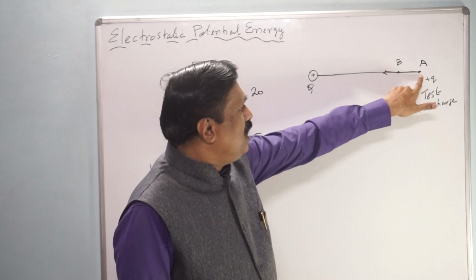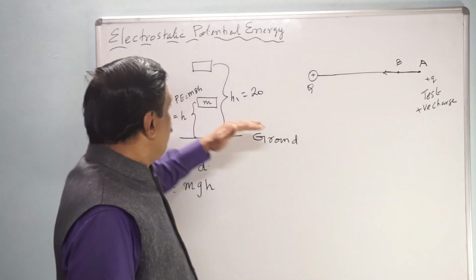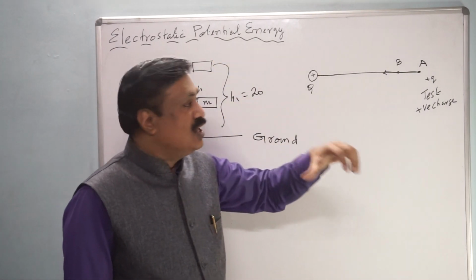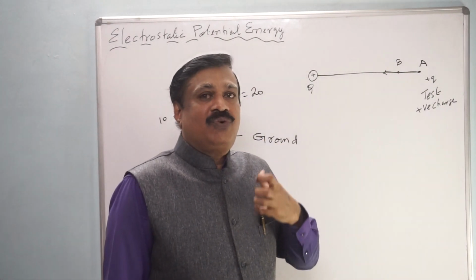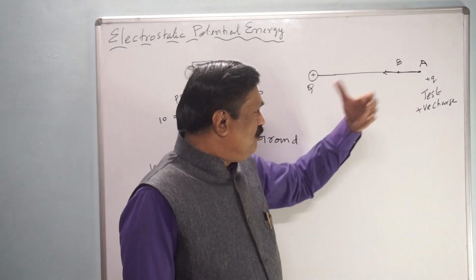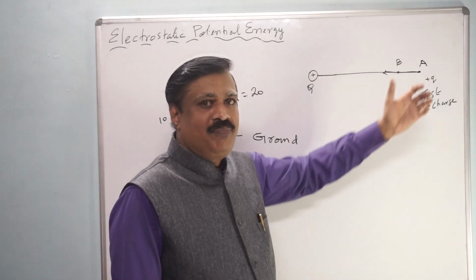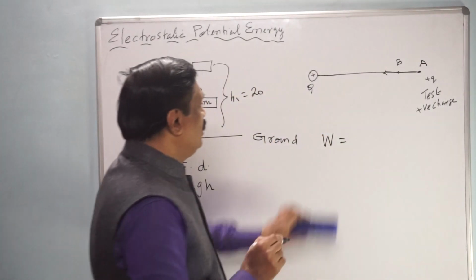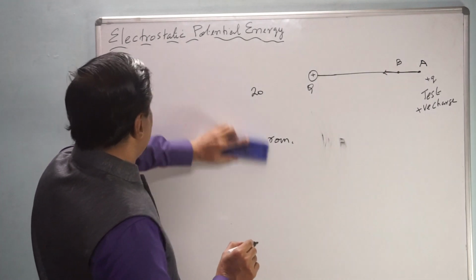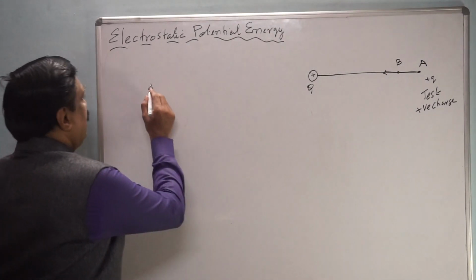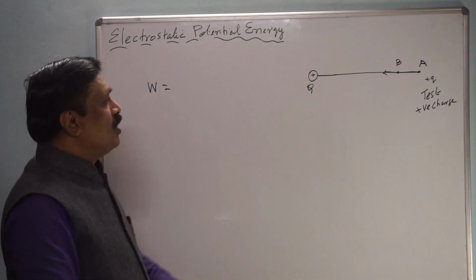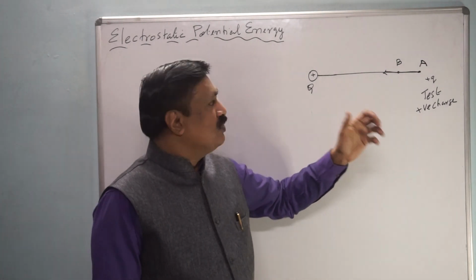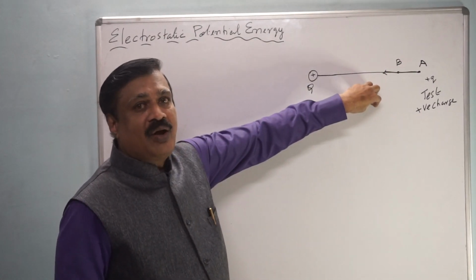Now, from A to B you are bringing the charge. Just like moving up from this position to this position, potential energy increases. That means you have to do some amount of work in moving a point charge from A to B. Therefore, the work done W you can write. Because you are moving from here to here, you are doing a certain amount of work, so the work done will be more.